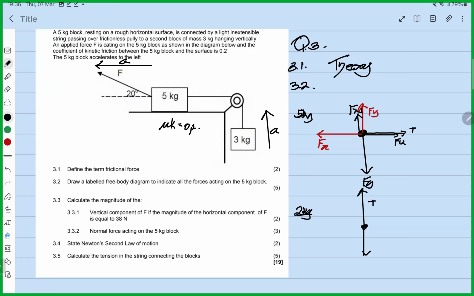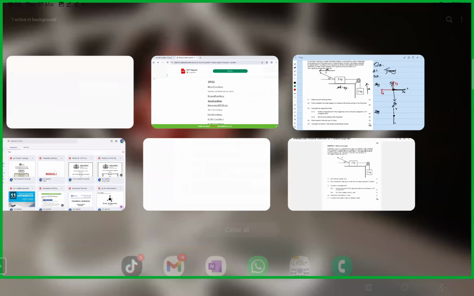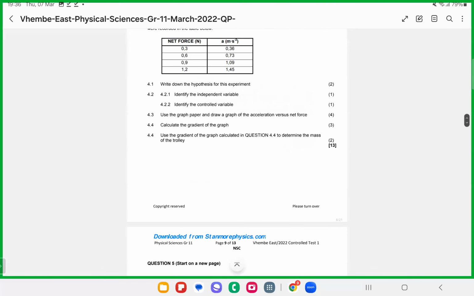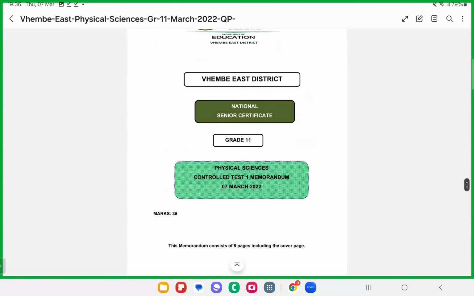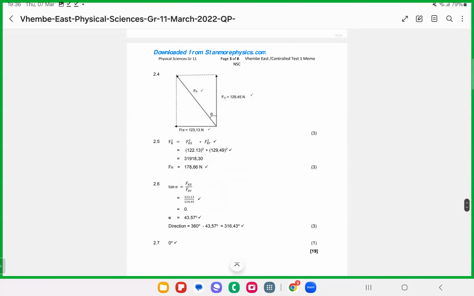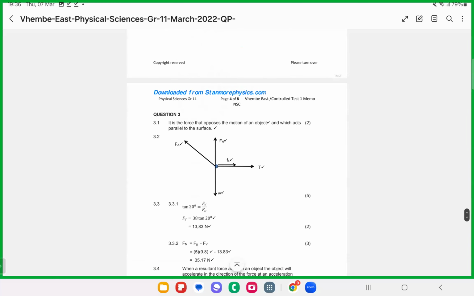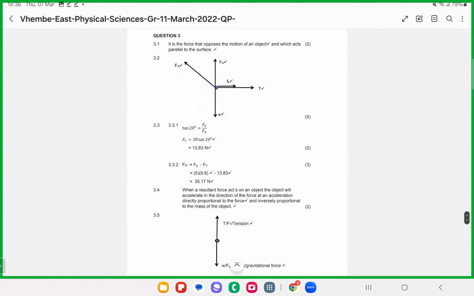If you're putting the applied force, you don't put down the components. So I'm hoping we got the memo with this. It should have both possibilities there.